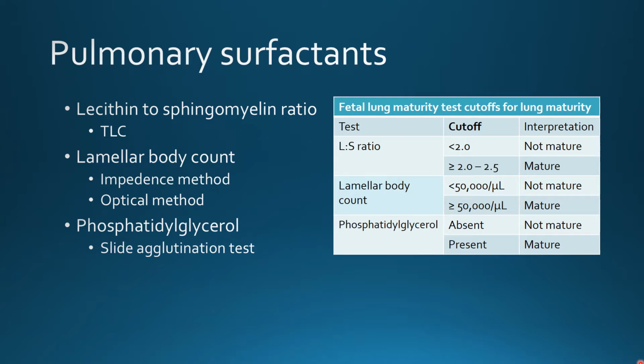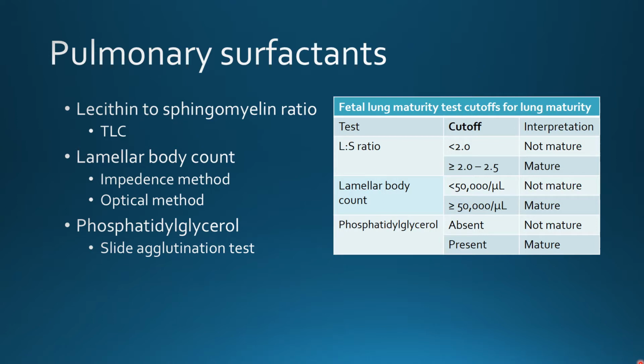And then the other most abundant one is phosphatidylglycerol, or PG. The other phospholipids present are phosphatidylinositol, phosphatidylethanolamine, and sphingomyelin. These are much less abundant when compared to the PC lecithin or PG.